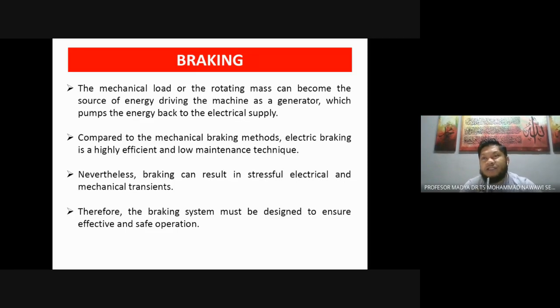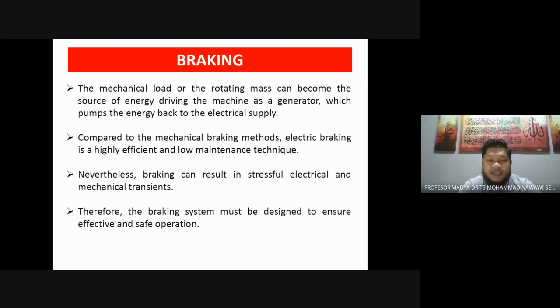After a few thousand kilometers, you need to change your brake pad. And after another 2 or 3 years, you may need to change the disc brake. So it requires high maintenance.